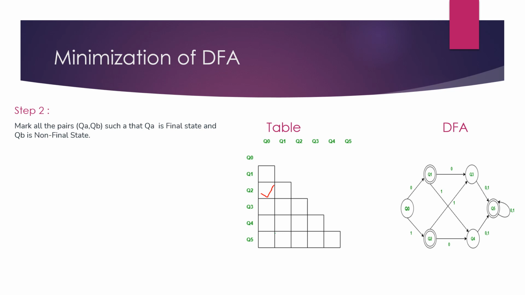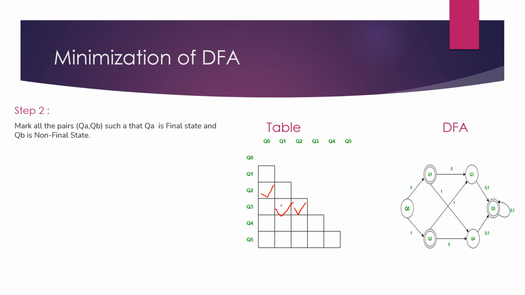Next, coming to Q3, Q1. Q3 is an intermediate state and Q1 is a final state, so we will mark this. Next, Q3, Q2. Q3 is an intermediate state and Q2 is a final state, so we will mark this pair. Next, coming to Q4, Q0.